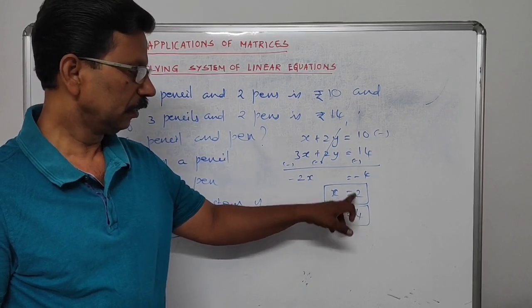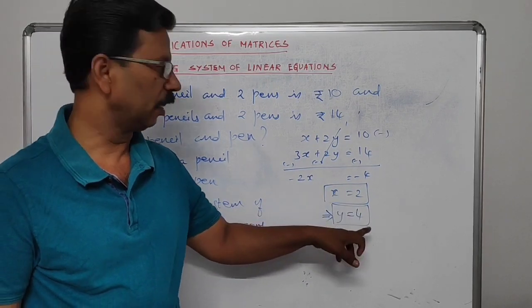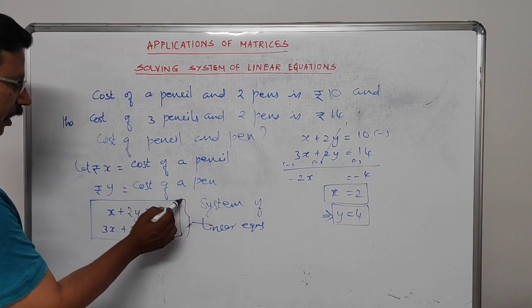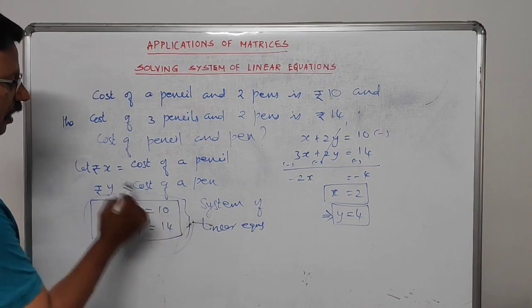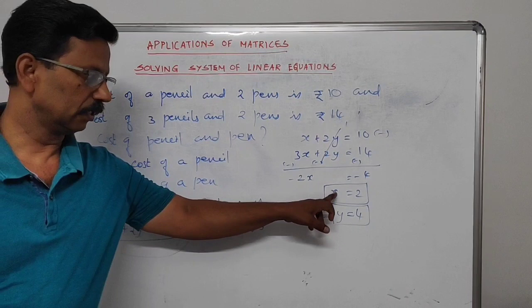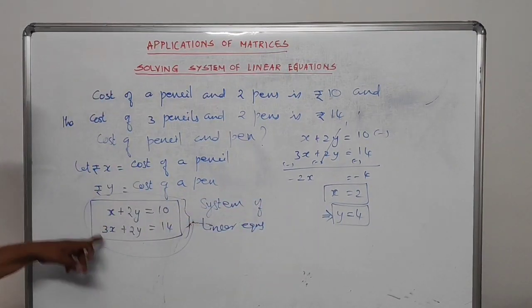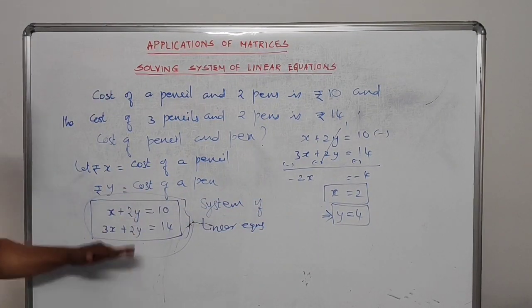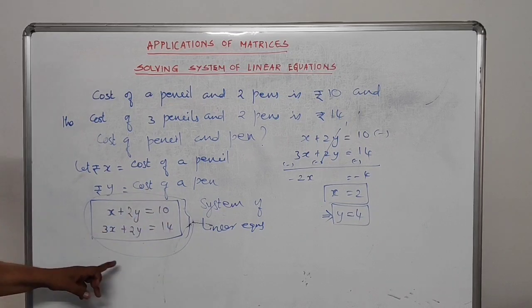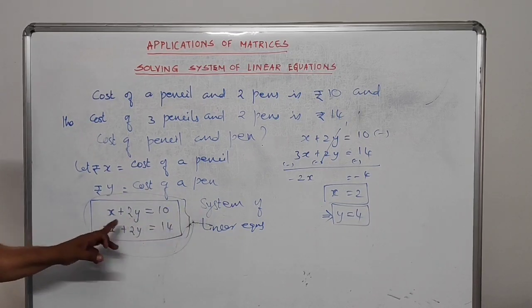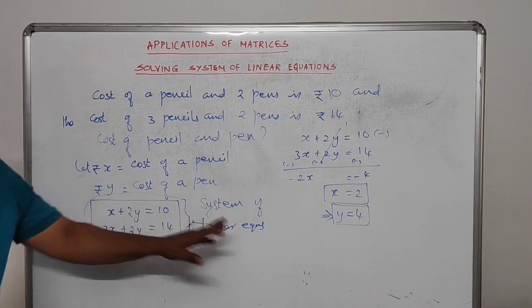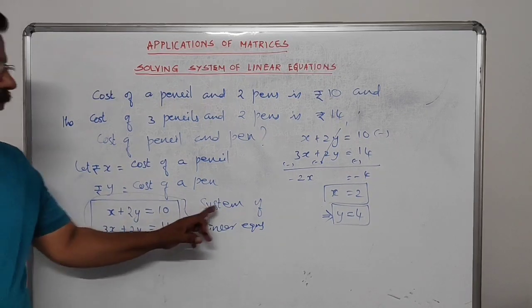These values of x and y satisfy both equations simultaneously. Therefore these equations are called a system of simultaneous linear equations.